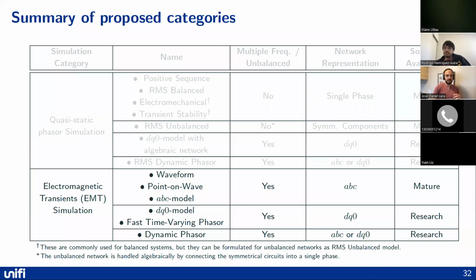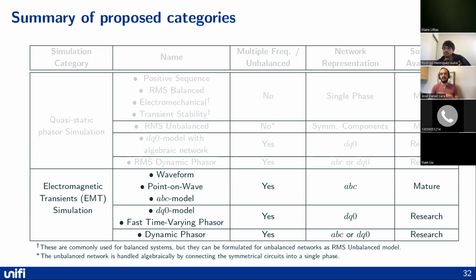One of the things that I wanted to mention before going to one of the final slides is that the critical thing that makes the decision in the case of EMT about the simplifications and the transformations that we can use, at the end of the day, has to do with the fact that this is a system-wide simulation, right?